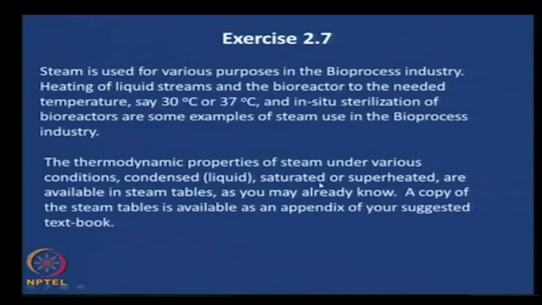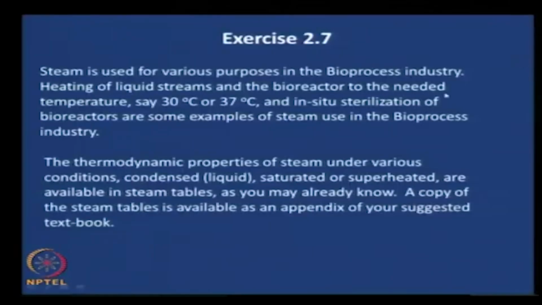What does saturated mean? Recall the phase diagrams that we reviewed in the first module. We had a PT diagram, pressure versus temperature diagram, and there we had the fusion line, the vaporization line. Let us focus on the vaporization line. The points on the vaporization line correspond to saturated conditions, and if steam is in that state, it is called saturated steam.